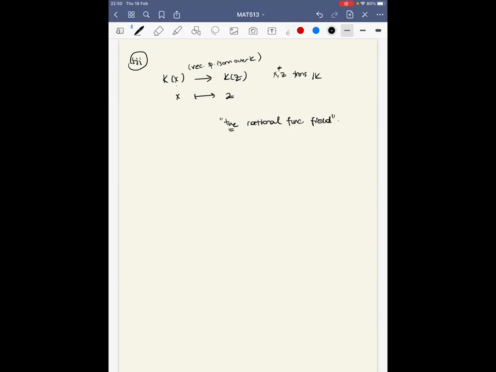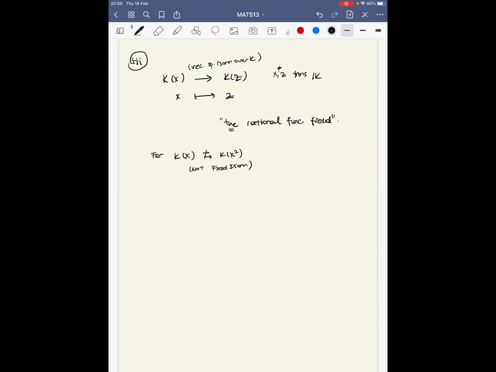However, I think it's worth mentioning that we don't always have a field isomorphism. For instance, if you consider the rational function fields K of x and K of x square, even though we have a vector space isomorphism, this is not going to be a field isomorphism.